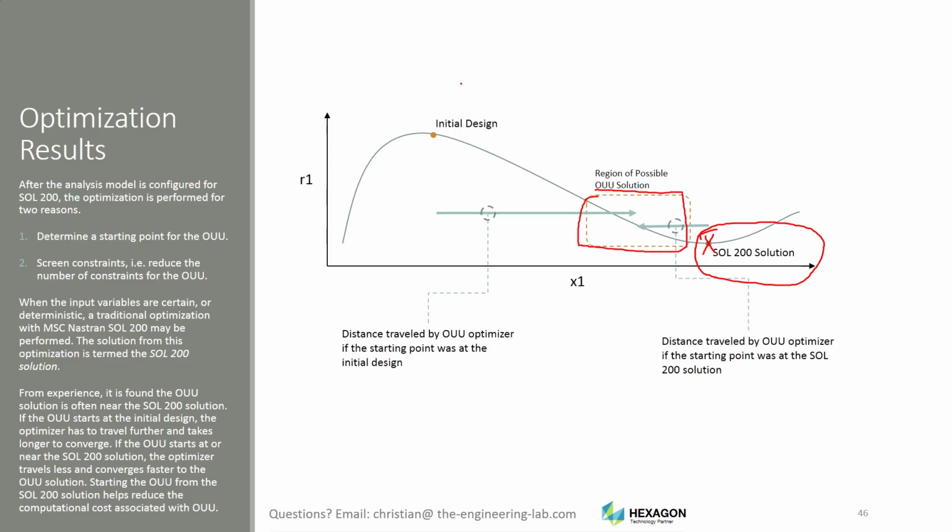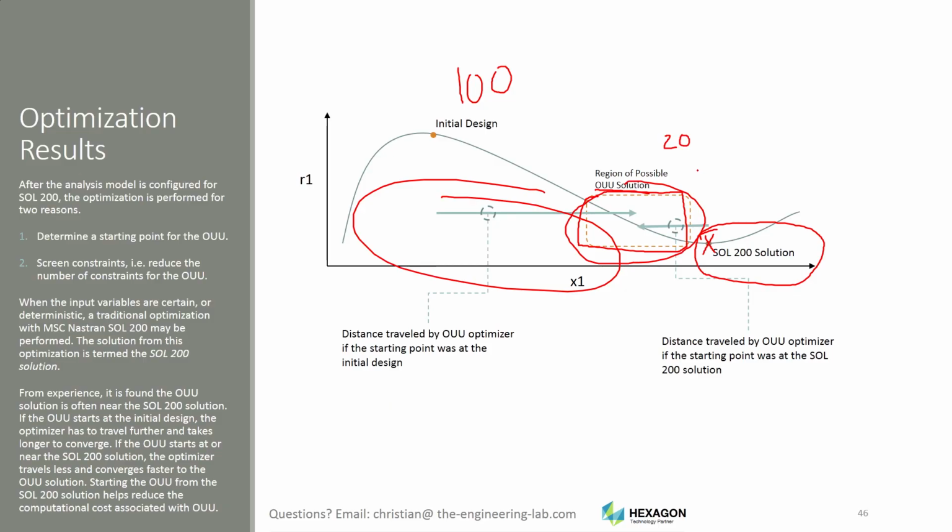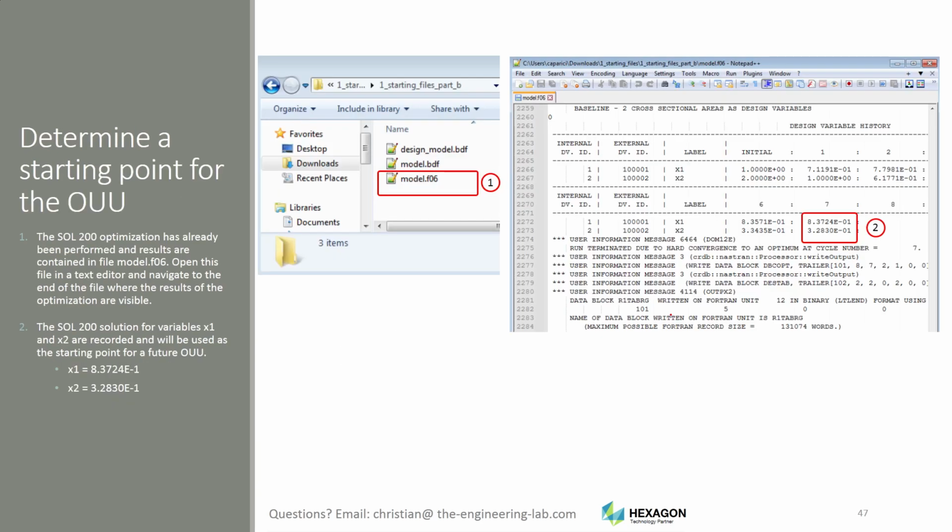So maybe instead of having to travel this distance here, this would require 100 Nastran runs. For this different starting location, maybe we only have to run the Nastran solver 20 times. I'll walk you through how to do this in a moment.